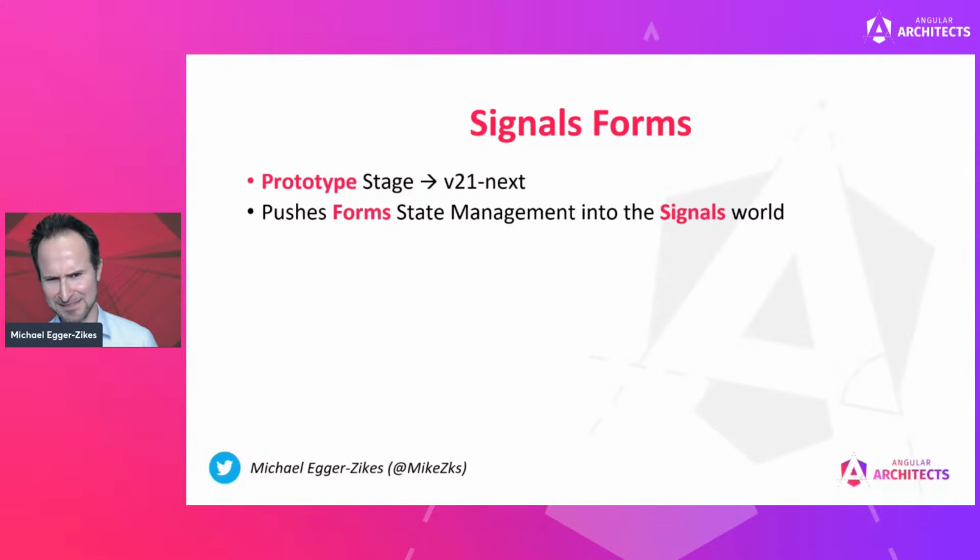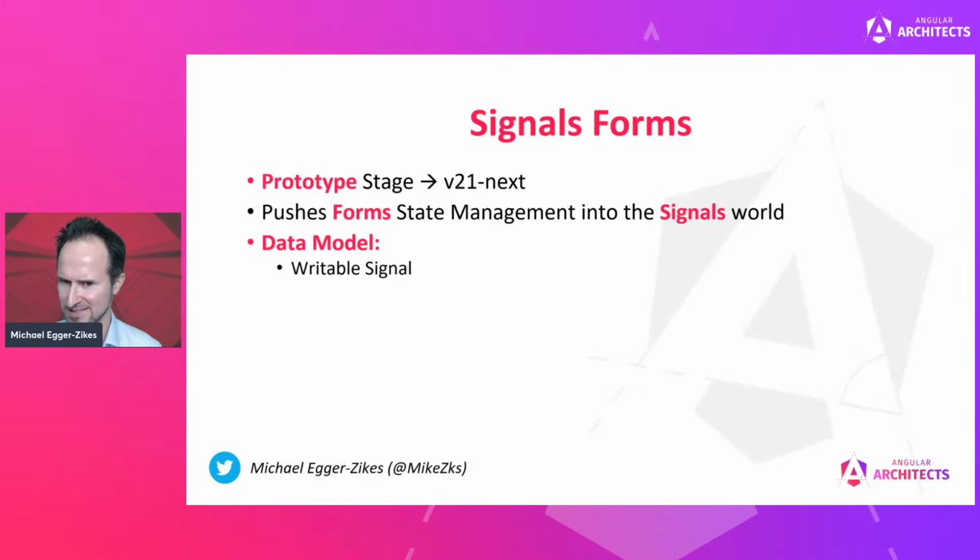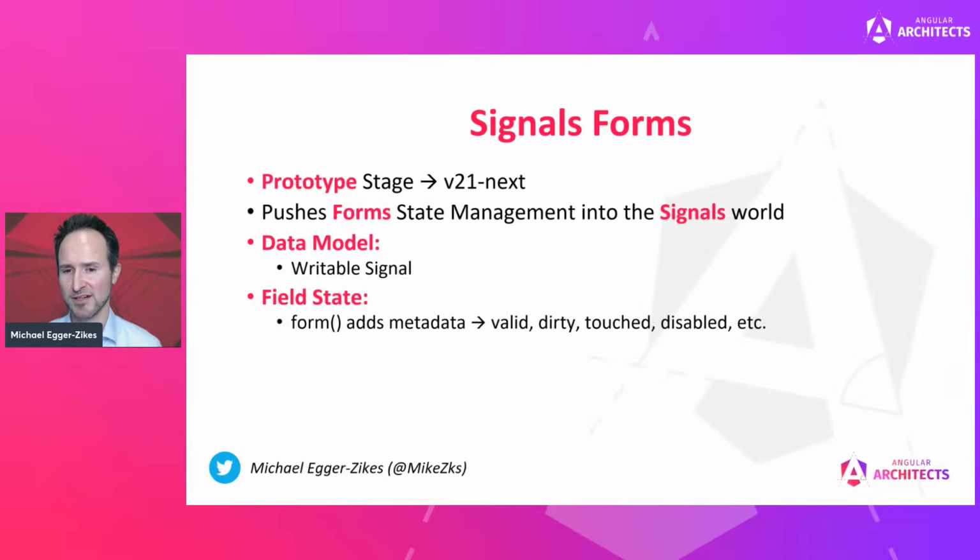So at the end, the signal forms API that we will receive now in 21 has a different approach. It has the approach to first use a data model. This data model is a writable signal, and this writable signal is connected with a form function basically to the API of signal forms.